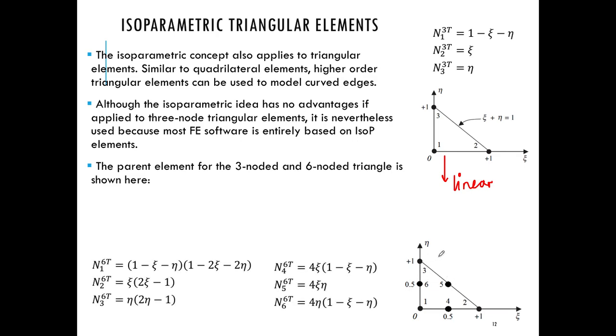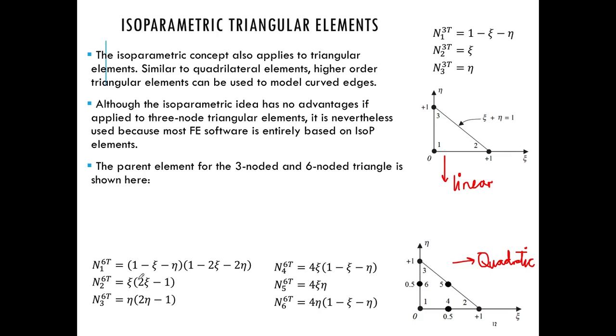And the one right here is quadratic. So please look carefully at the shape functions for the six-noded triangular element. You can see that there are terms going up to powers of 2.